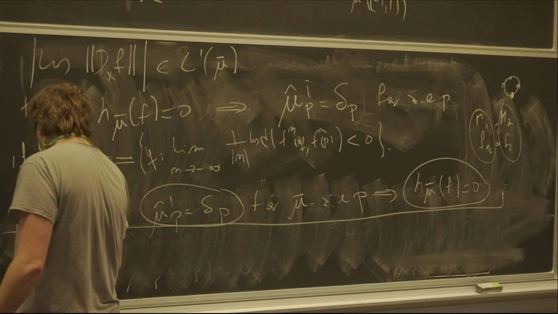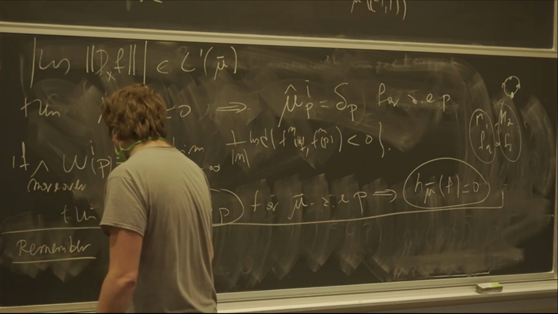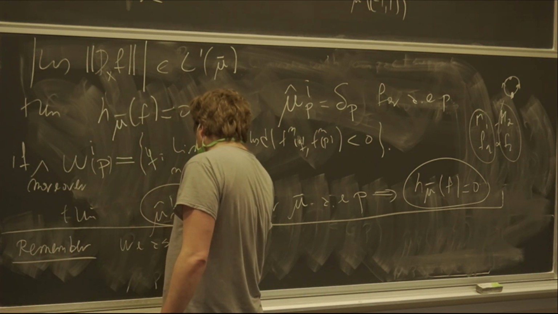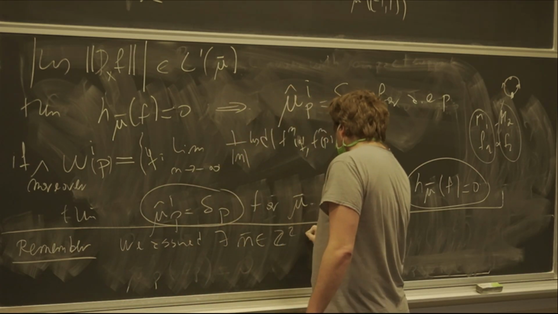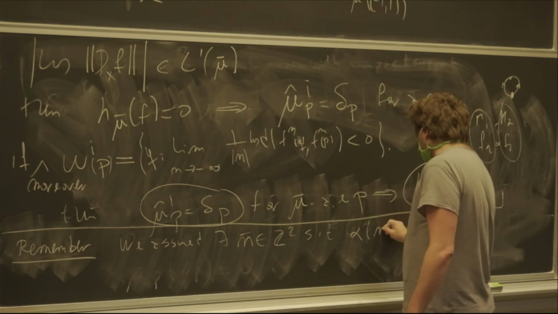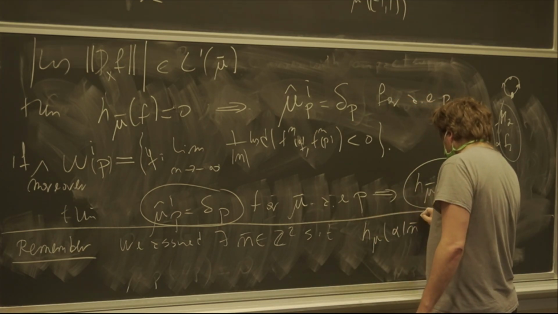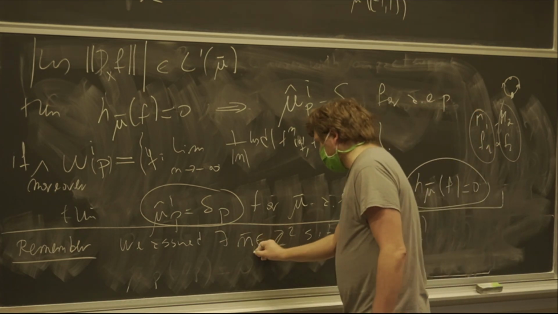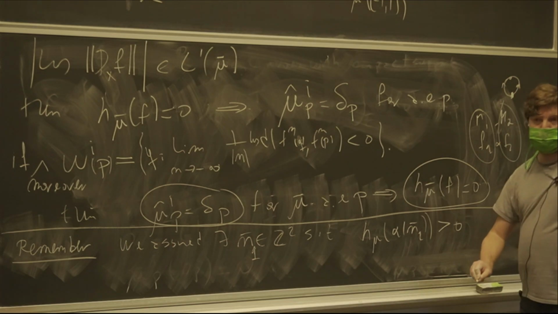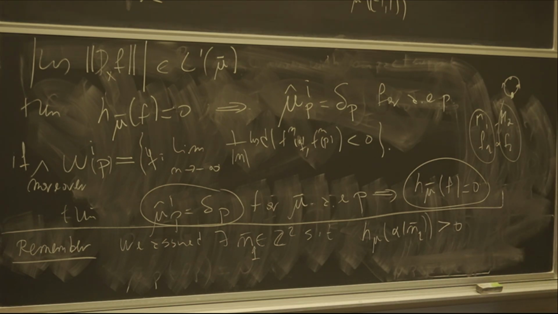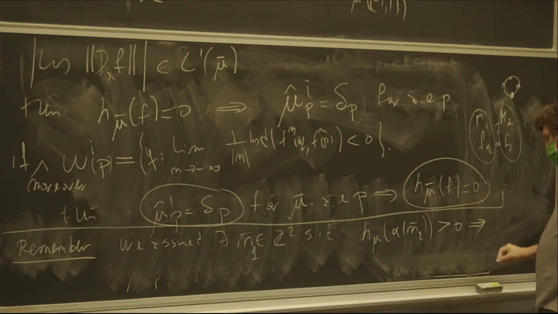So remember, we assumed there exists some n in Z squared such that alpha of n, so the entropy for mu of alpha, let's call it n1, was positive. Now this implies, this is very easy, I will not do it.